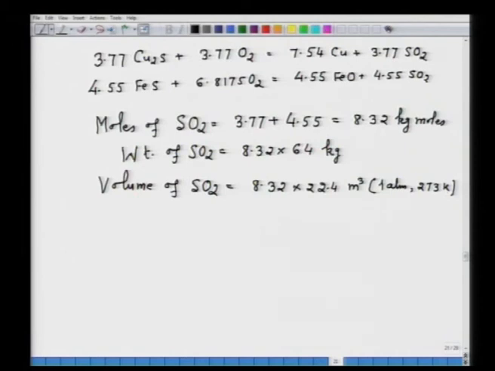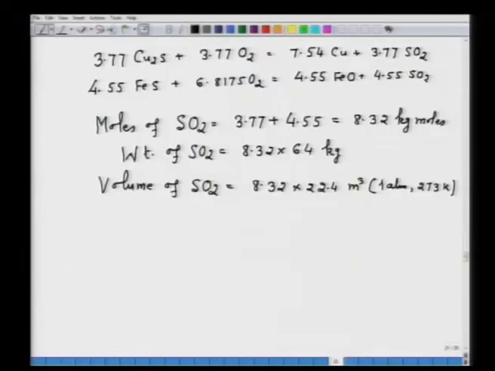You can also get the information what will be the amount of oxygen that will be required for this reaction, and hence what will be the amount of air that will be required to convert 1 ton of matte into copper. So, you can straight away calculate from here the moles of oxygen, that will be 3.77 plus 6.8175.